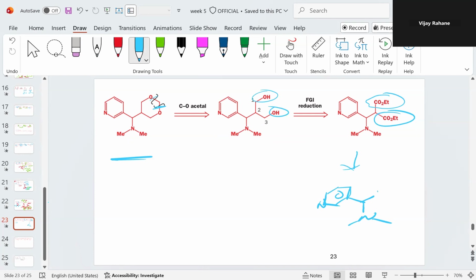And here there should be some leaving group, right? And the other part is like this. So basically, this is what I have done.